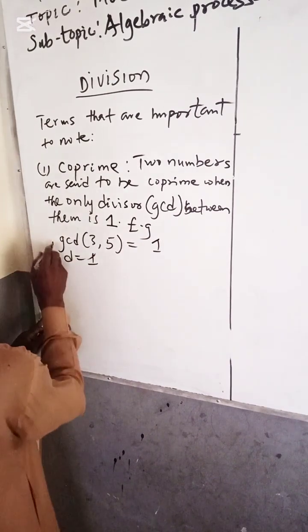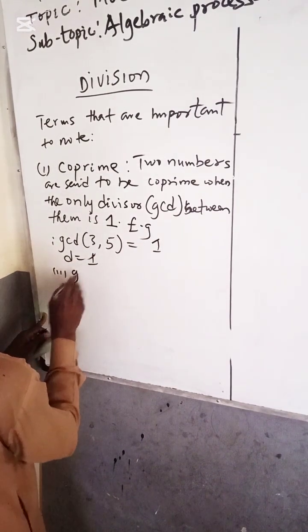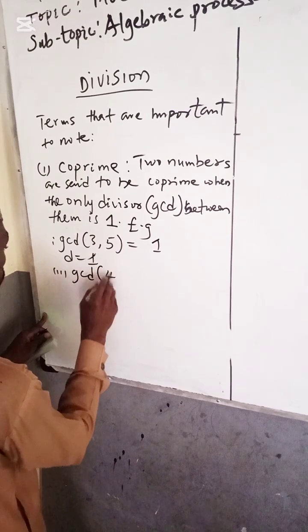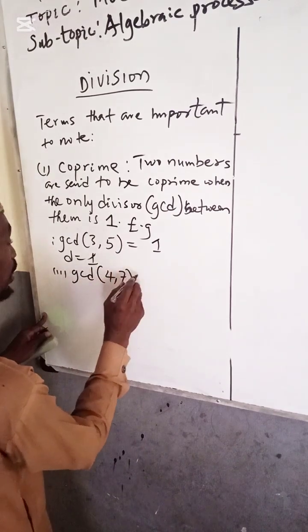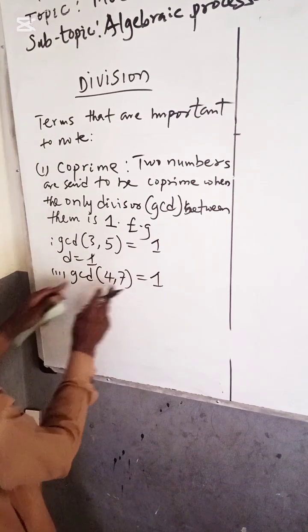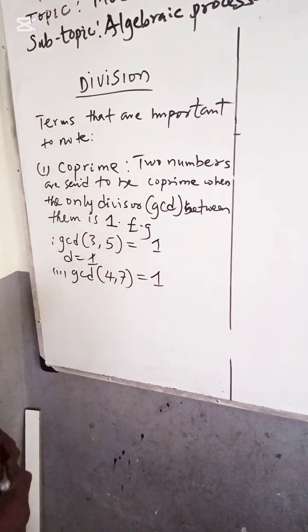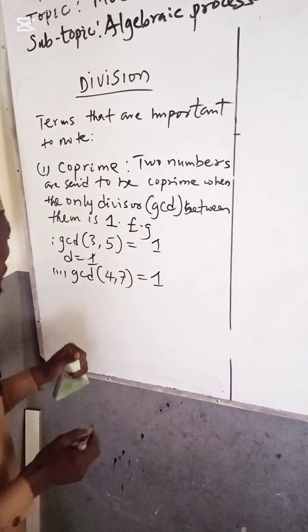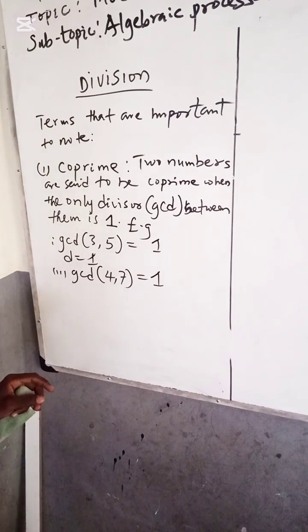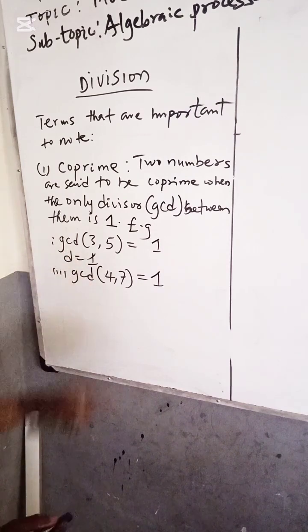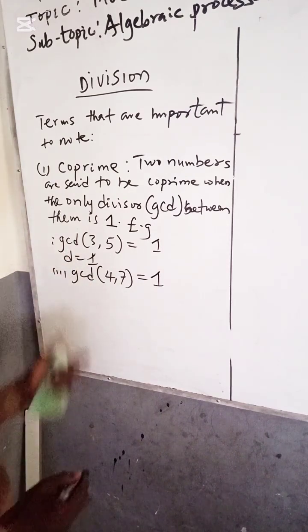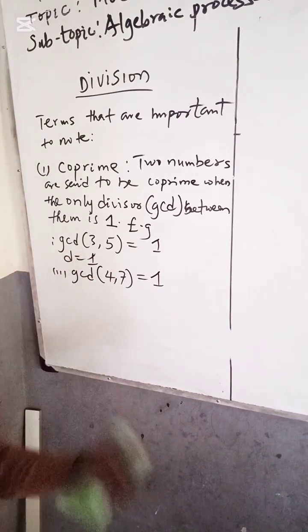We also check again: GCD of 4 and 7 is also 1. So these two numbers are co-prime. Now, remember we said that we have GCD. In Nigeria, it is called highest common factor.